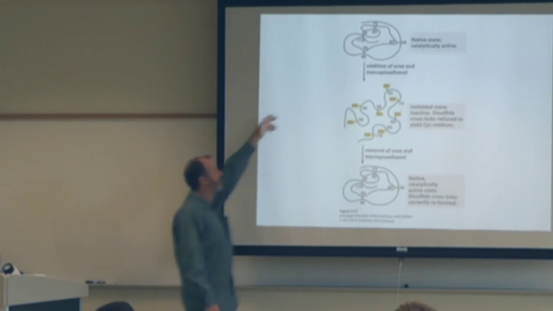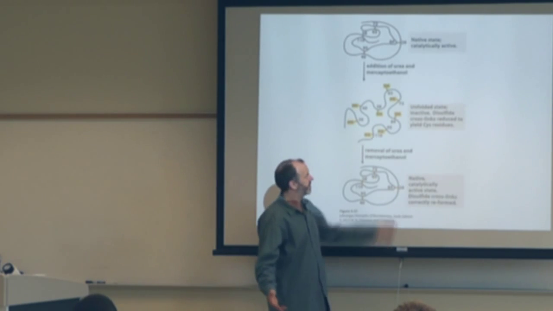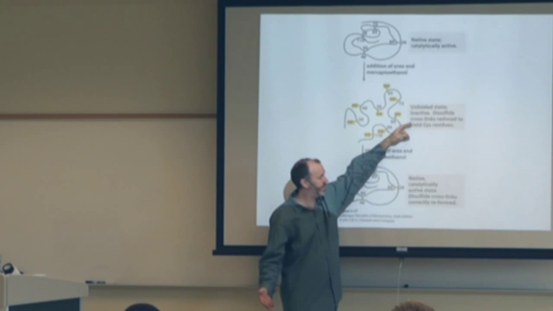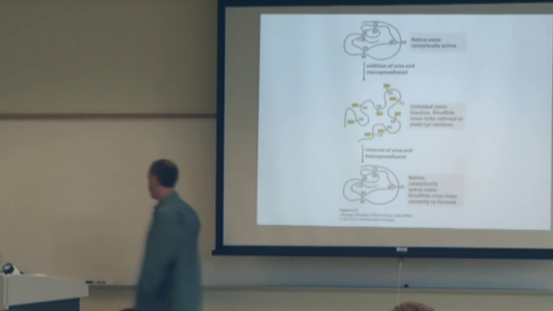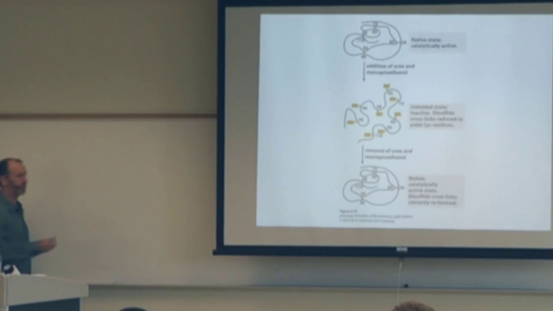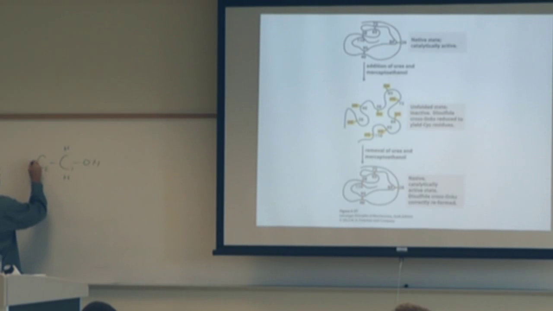So in your native state, ribonuclease A, you add a high concentration of urea and beta mercaptoethanol or 2-mercaptoethanol. We know the structure of ethanol, right? 2 carbons, 1 OH group. So this is carbon 1, but carbon 2 just has an SH group. That's 2-mercaptoethanol or beta mercaptoethanol.